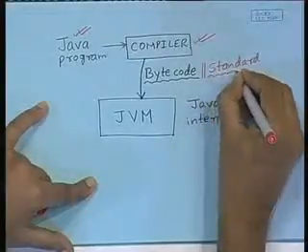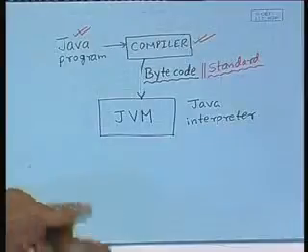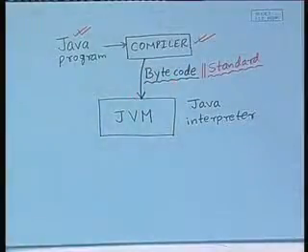This is defined by the Java standard. This bytecode will be platform independent, okay, because it is defined according to some Java standard. Wherever you compile, whichever compiler generates the bytecode, the format would be standard. You can easily take it from one machine to another without any problem.